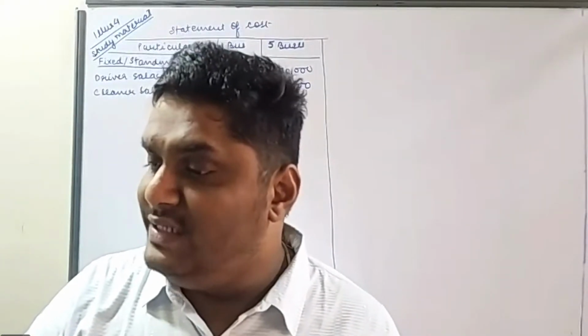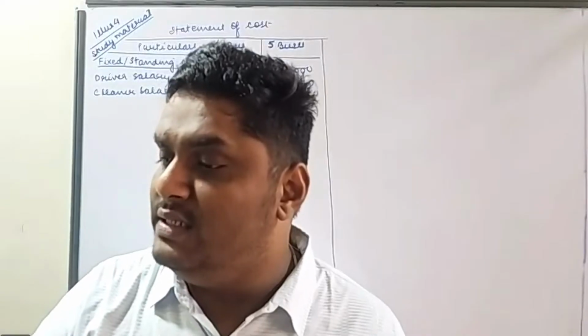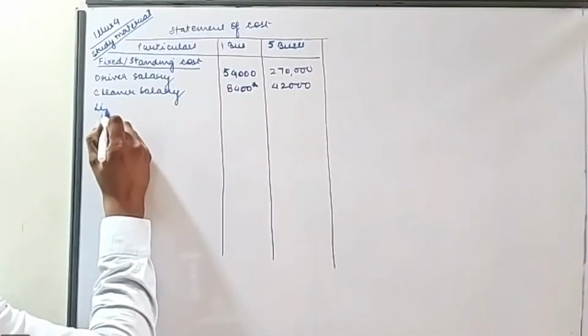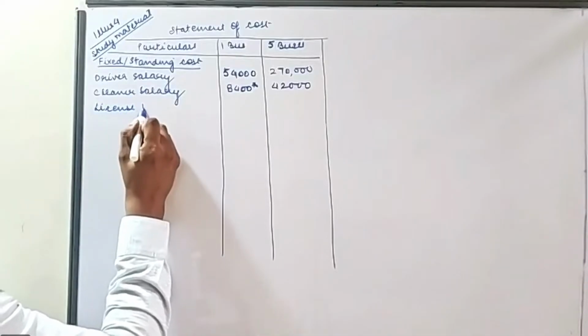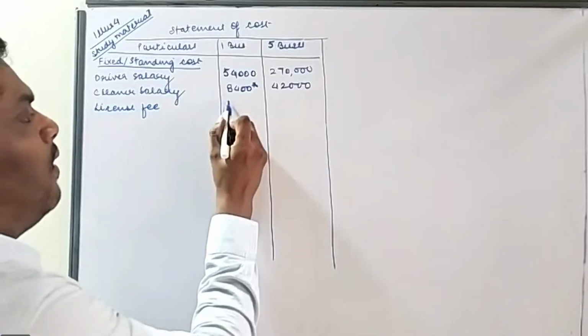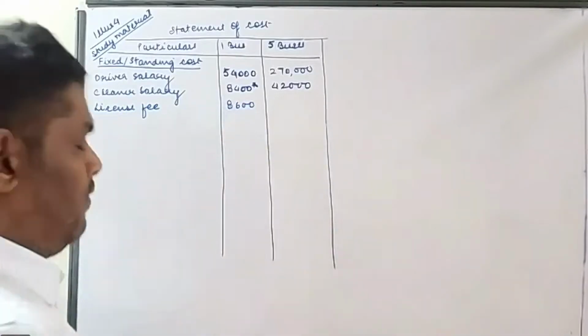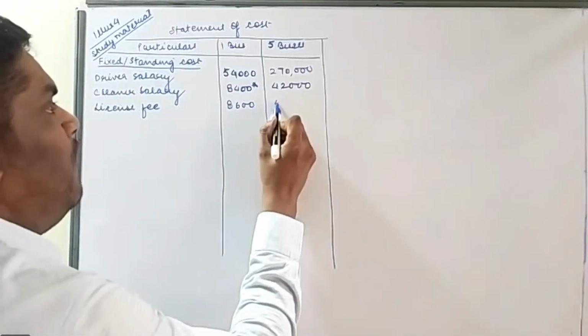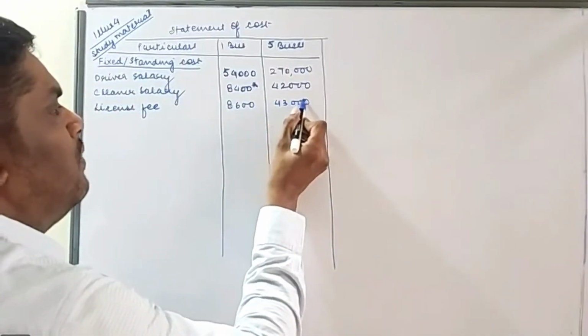Now license fees, taxes, etc. are 8,600 per bus per annum. So this will be 43,000.